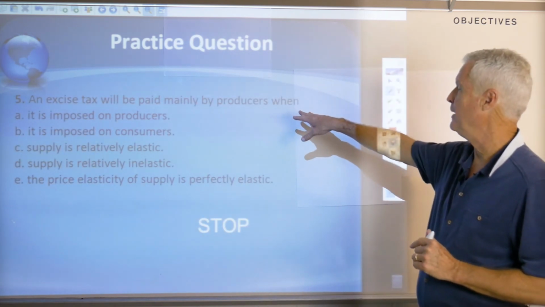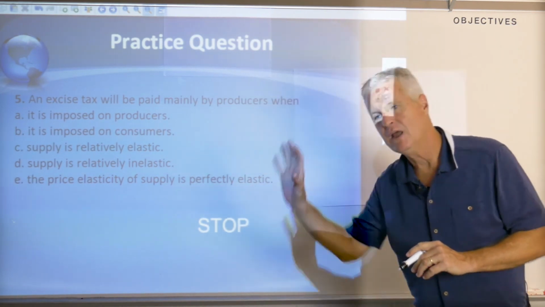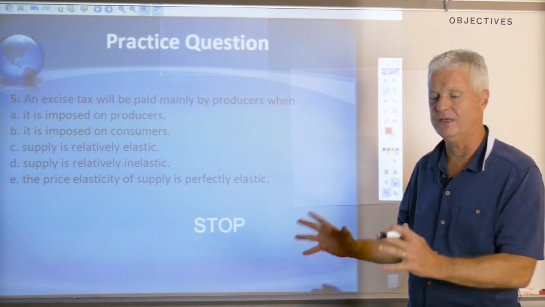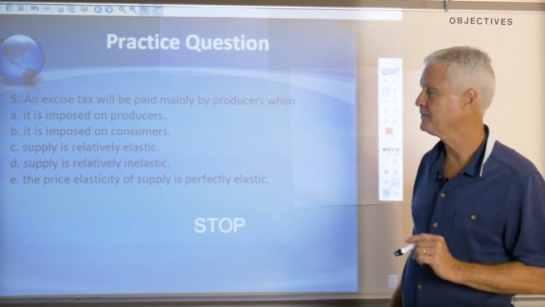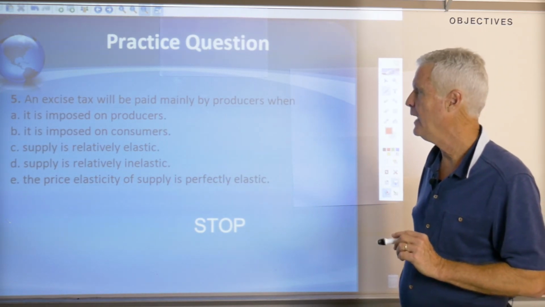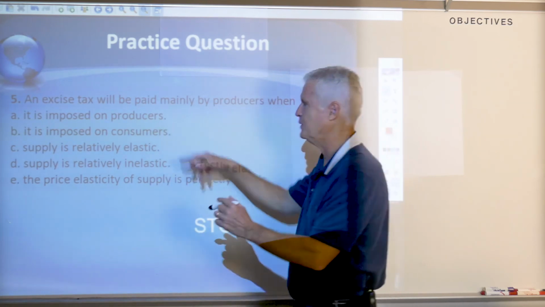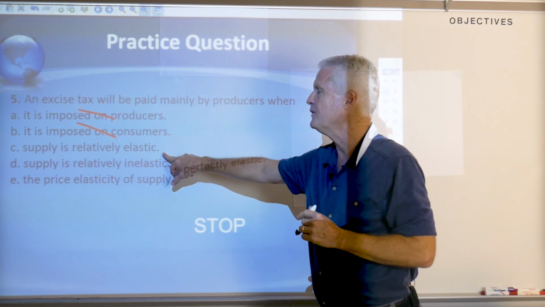Excise tax will be paid mainly by producers when... So when do producers incur the excise tax? This isn't writing the check. This is actually losing the money. So pause the video, answer the question. And we're back. Imposed on producers? Now remember that just tells you which curve to shift. Supply is relatively elastic?